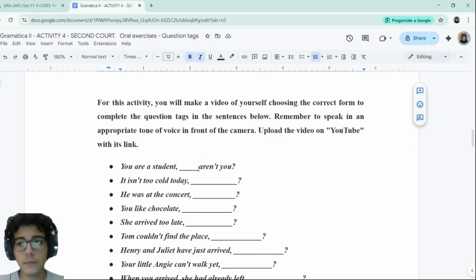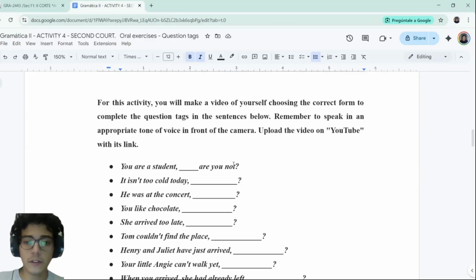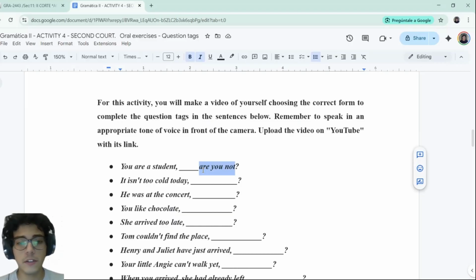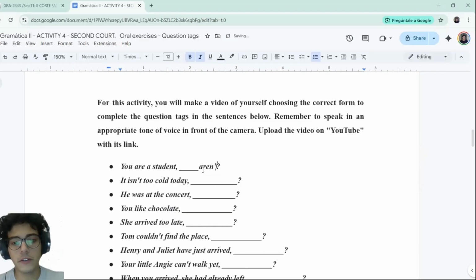It is very uncommon to say, you are a student, are you not? It is extremely unlikely that we hear this in daily conversations. Again, as this is mostly used in spoken exchanges, we're going to find contractions in the question tags. So again, you are a student, aren't you?